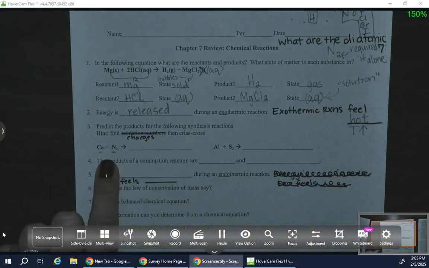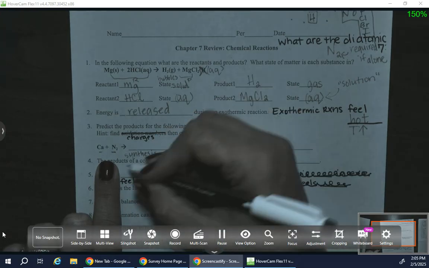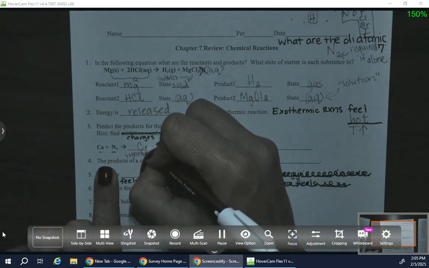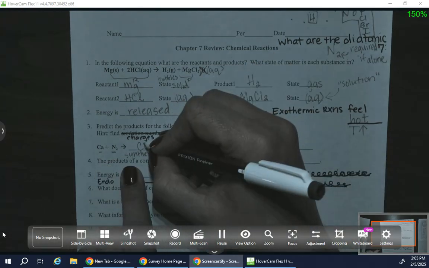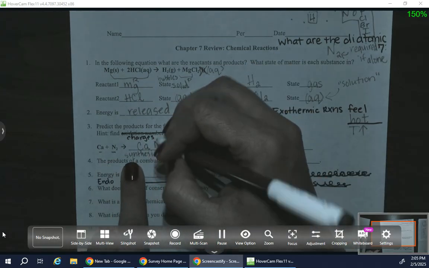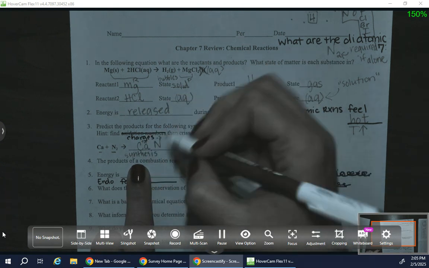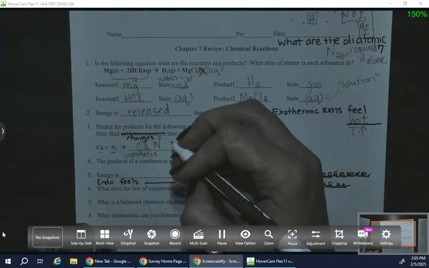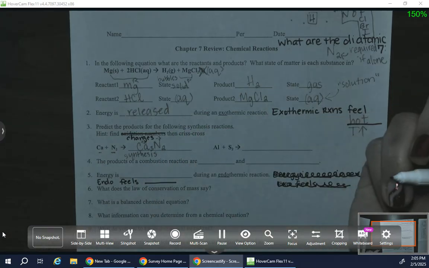So this is probably a synthesis reaction. So knowing that, I'm going to go ahead and combine them. So I have calcium and nitrogen. So the part about the charges, we would look at our little resource page. That tells us that calcium had a +2, nitrogen was a -3, and then we do that drop and cross. So that means a 3 goes here and a 2 goes here. Okay?